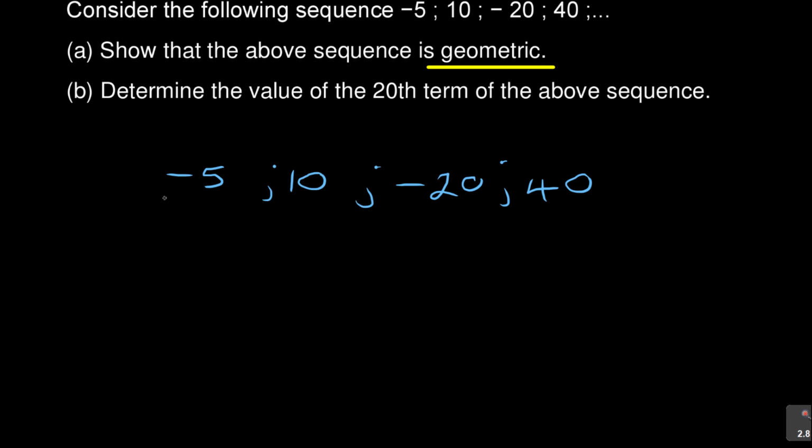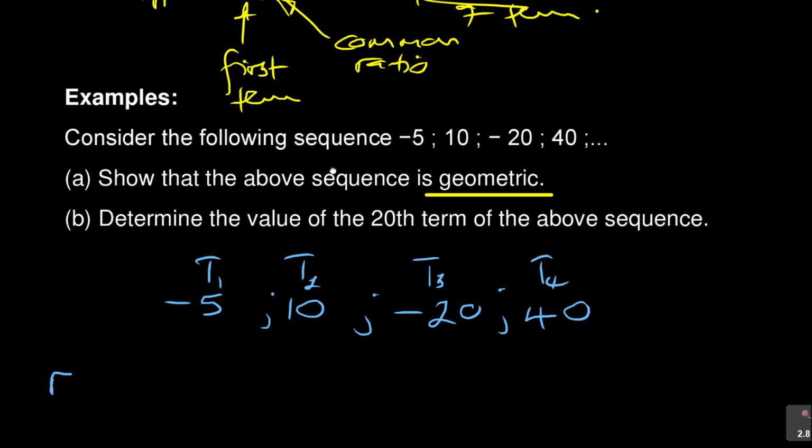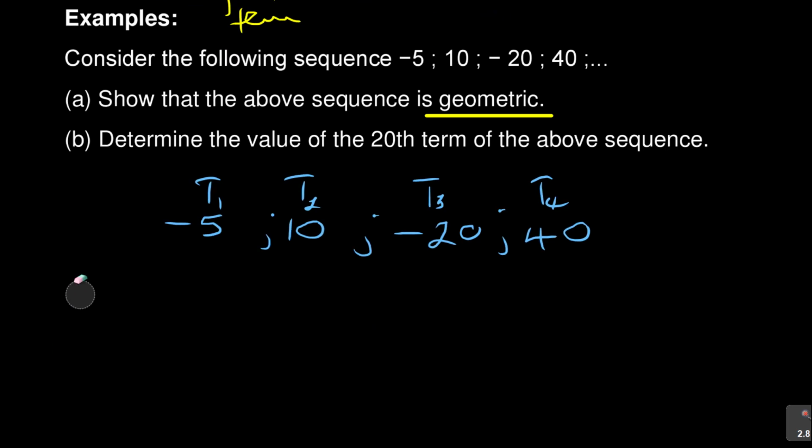If this was T1, T2, T3 and T4, what you need to know is the common ratio, this r that you see in the formula. Let me write the formula: Tn is equal to a r^(n-1). Now this r that you're seeing, you find it by saying T2 over T1.